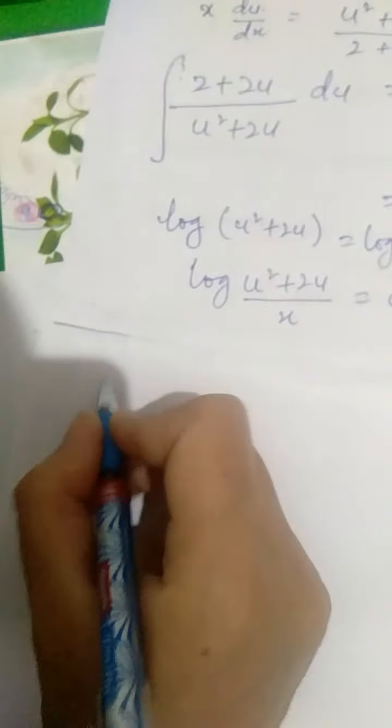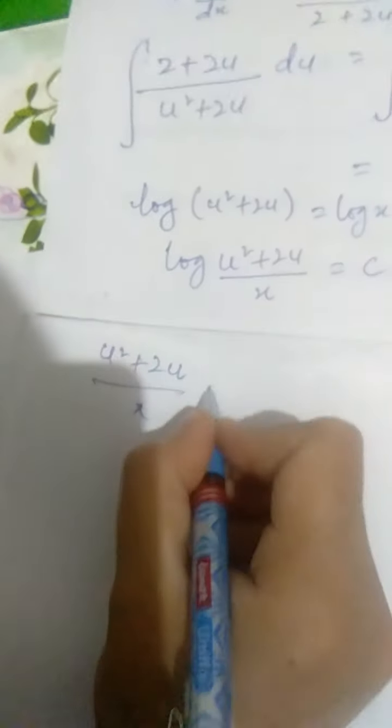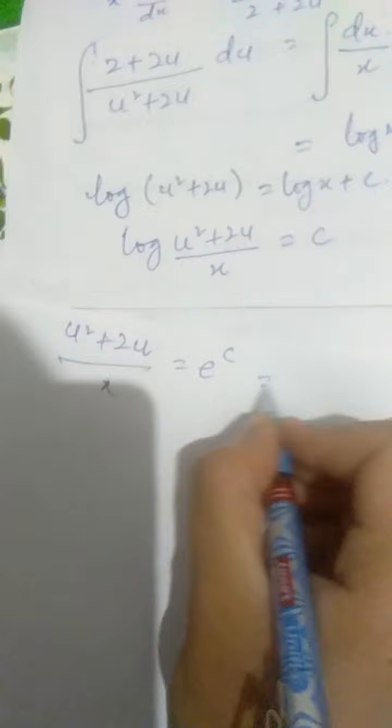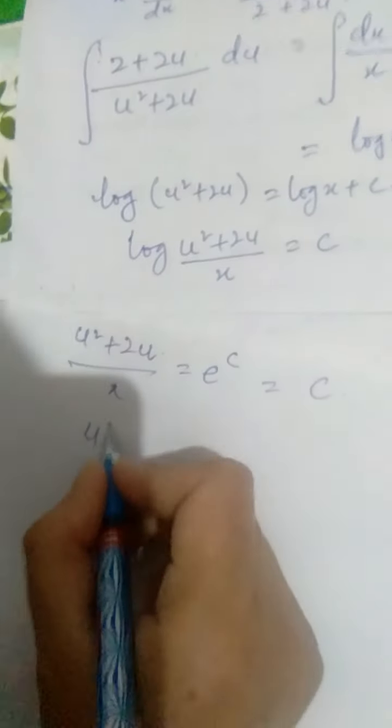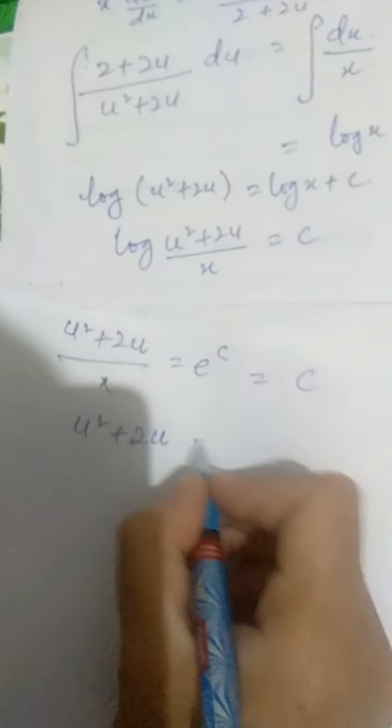Now from here we can take it to the next page. That means u square plus 2u by x is equal to e to the power c, and that is another constant, say c. So u square plus 2u is how much?